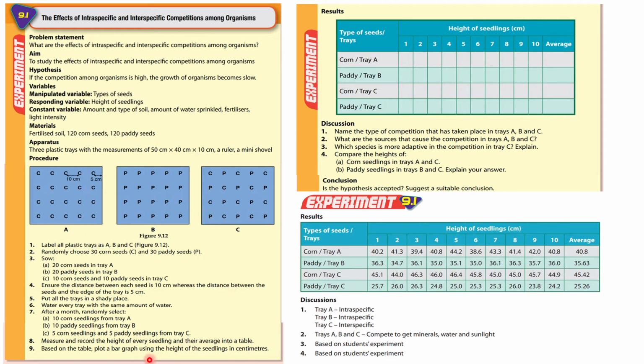Okay, so based on the table, we are to plot a bar graph using the height of the seedlings in centimeters. So let's look at the discussion.